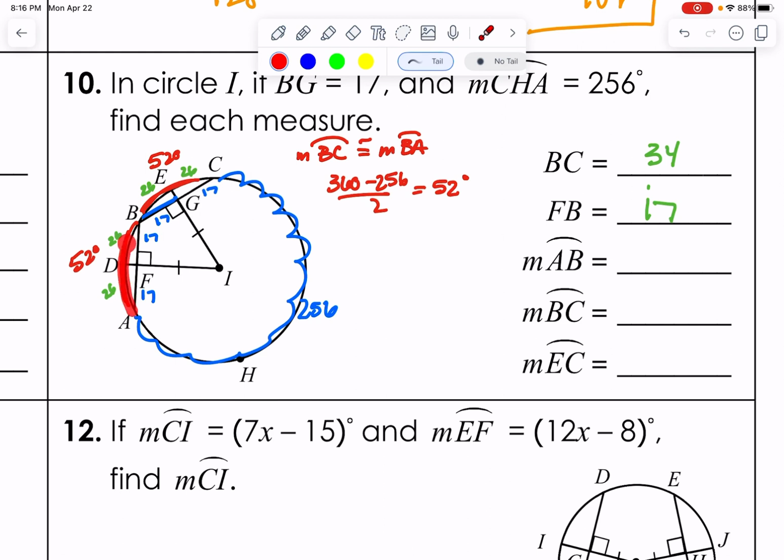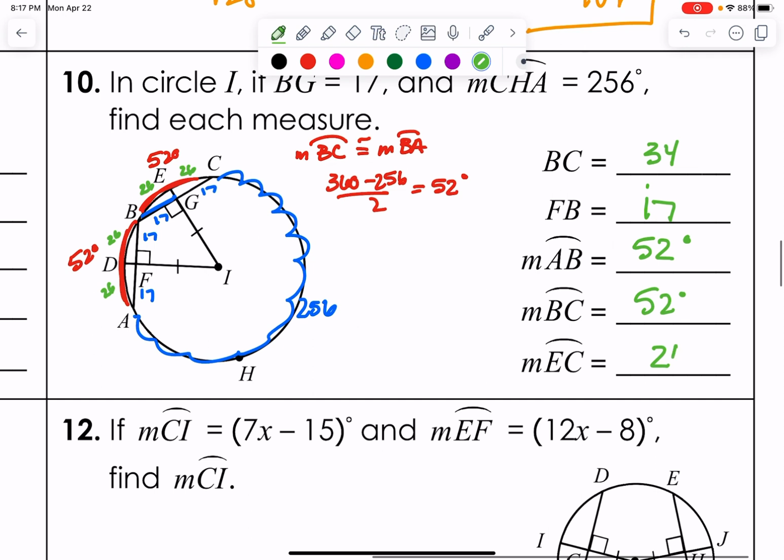Arc AB, that's the whole thing, so that's 52. Arc BC, same thing, 52. And then arc EC, that was half, so that's 26. So just from knowing that these two pieces are congruent and perpendicular, everything else falls from that.